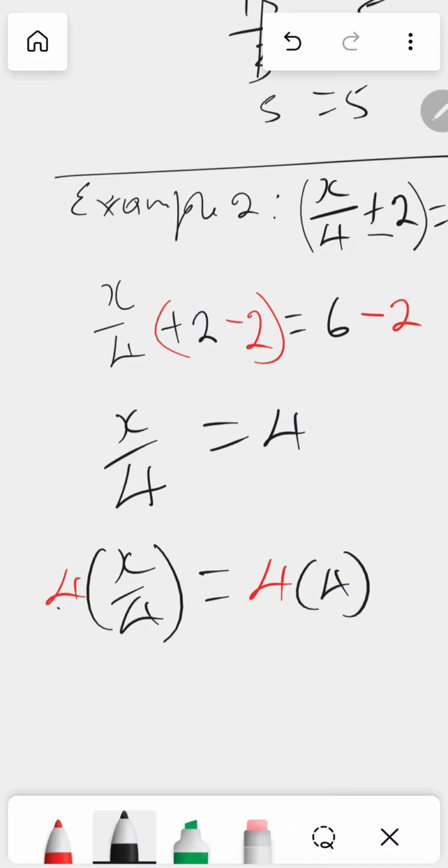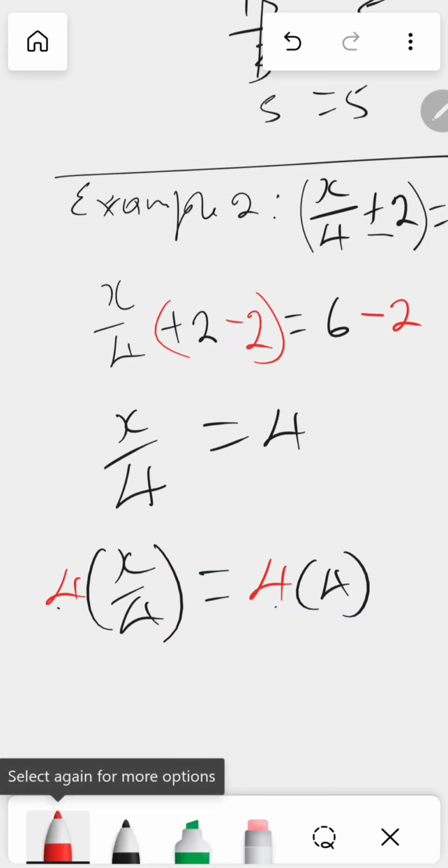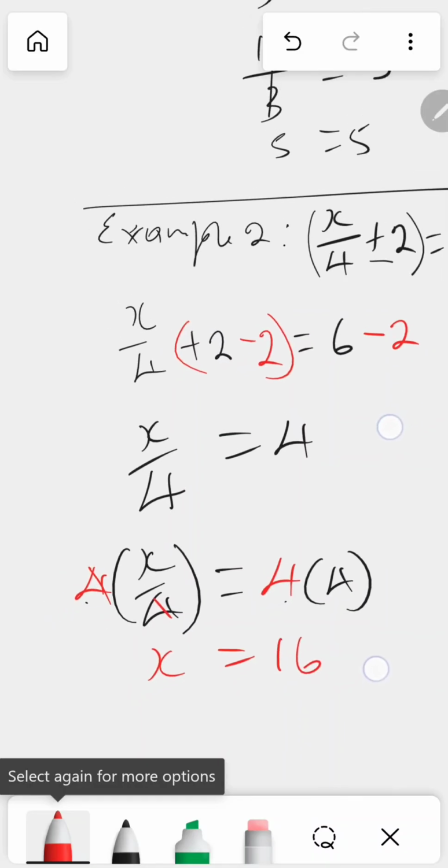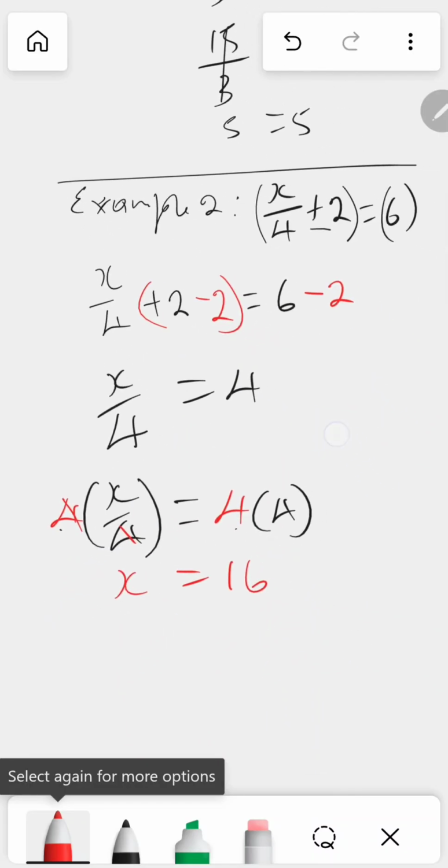Because we multiply on one side, we do the same thing on the other. Now we'll go ahead and do our cancelling out. 4 into 4, we are left with x, equals 4 times 4 gives us 16. So this is saying that x is equal to 16.